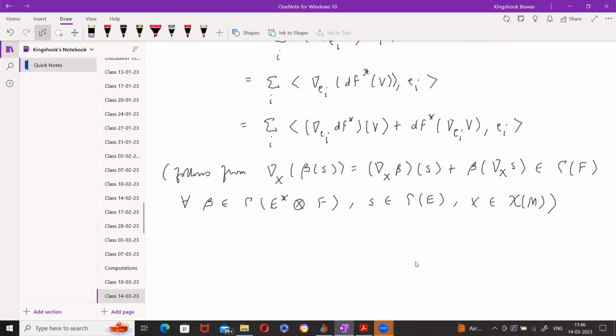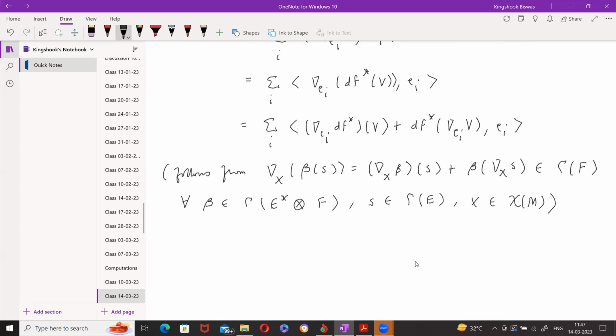Now, this nabla EI df star is a linear map from TPM to TFPN. Sorry, it's in the opposite direction, from TFPN to TPM.